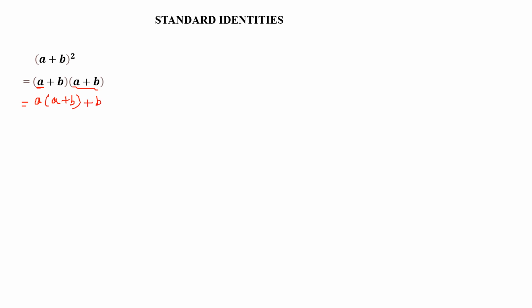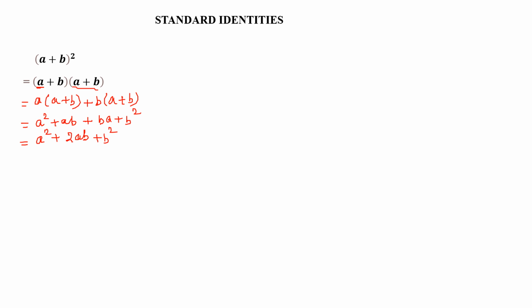Same way plus b multiplied with again (a + b). So if you multiply it, you will get a² + ab + ba + b². So it will be equal to a² + 2ab + b². So this is your first identity, (a + b) whole square, which is equal to a² + 2ab + b².